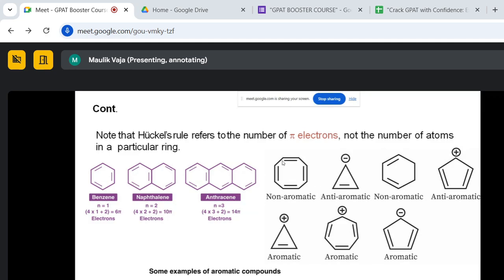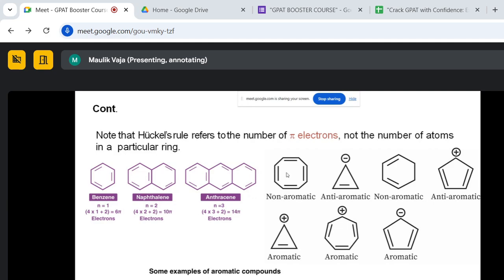Now, if we talk about this compound, can you see the cursor on my screen? It is 1,3,5,7-cyclooctatetraene. Can anyone tell whether this is aromatic or not? It is cyclic, it is planar, yes, very good.